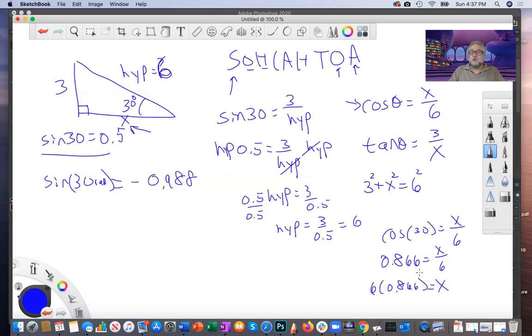Or you could do 6 times cosine 30 all in one line. There you go. 5.196. I guess I'd call that 5.2. Good enough. So this is how we're going to use these trigonometric functions to find the missing pieces in a right triangle. Okay.